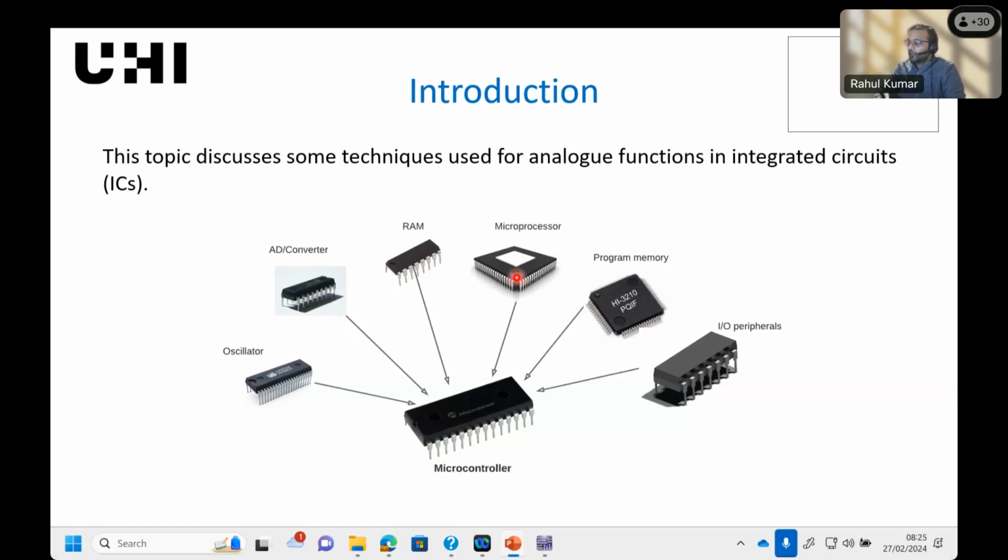Then you have a microcontroller inside your washing machines or your oven to control the temperature and humidity. So microcontrollers are used in all sorts of systems.